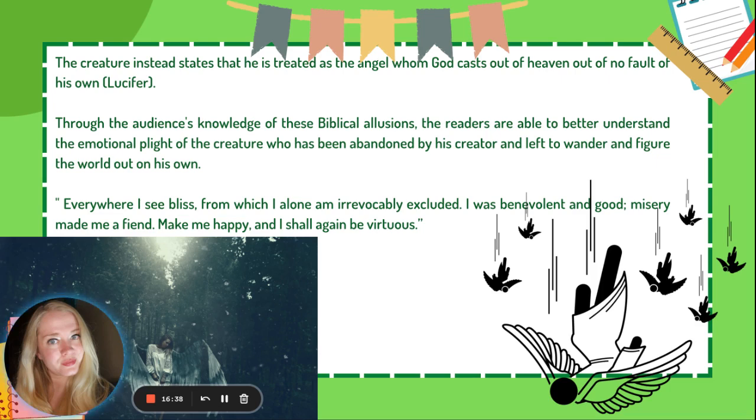So by the creature being able to articulate complete words, come up with sentences explaining his feelings and emotions, we are seeing that this creature who has been abandoned by his creator just wants the opportunity to feel love. And he even goes on to really push out the fact that he was once good.